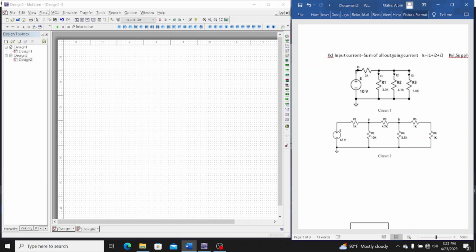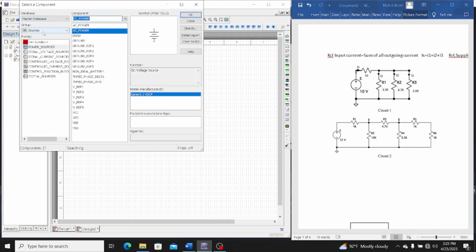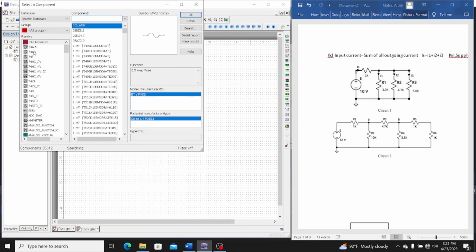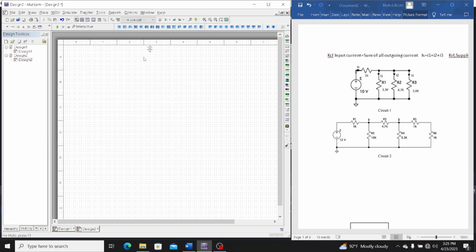At first, in Multisim, we have to go to Place, then Component, then Sources or All Groups. Here we can search, or we can go to Sources, Power Sources, DC Power.